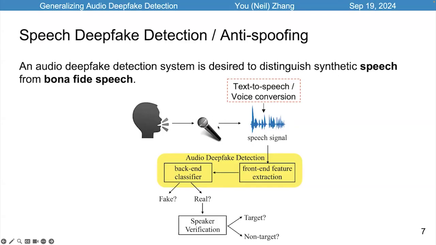We have some audio recording, and if the speech is from text-to-speech or voice conversion algorithms, we feed that into the deepfake detection model, which has a front-end feature extraction and a back-end classifier to classify whether it's real or fake. Only when it's real, we pass it into the speaker verification system to get the result of whether this belongs to a target speaker or non-target speaker.